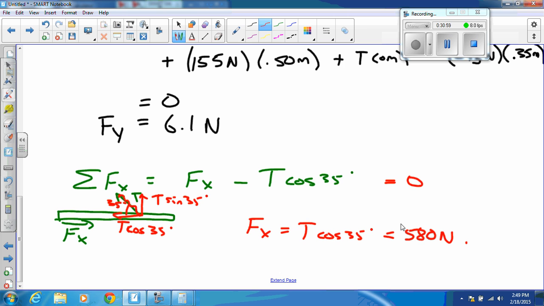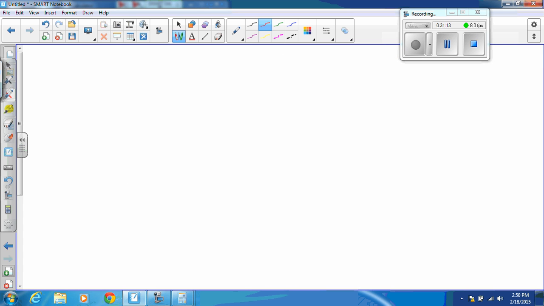Cool. I'd like to look at one other that was a homework problem. I think it was number 13. Yes. So number 13, we have a table, and our table has a length of 2.2 meters, which is going to be in the neighborhood of like 8 feet.